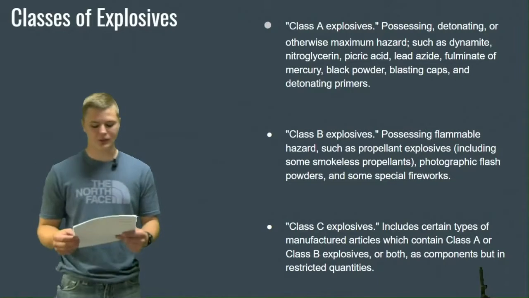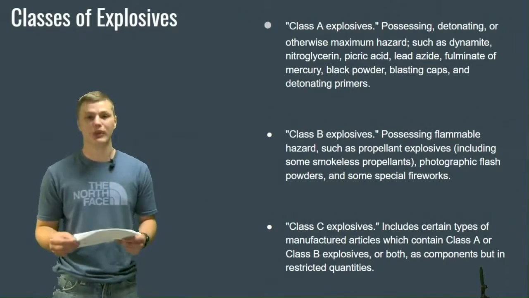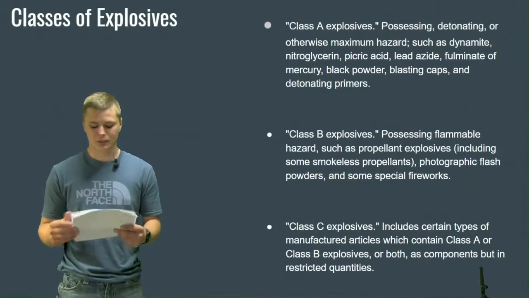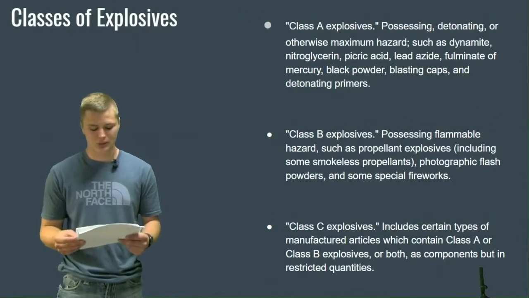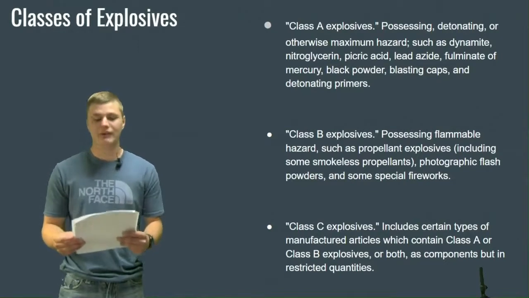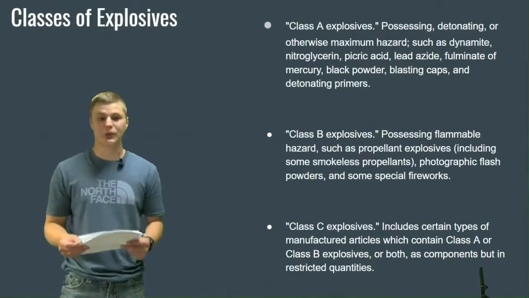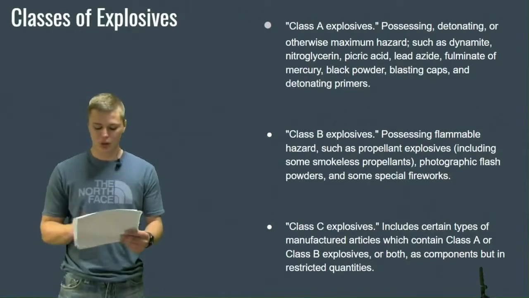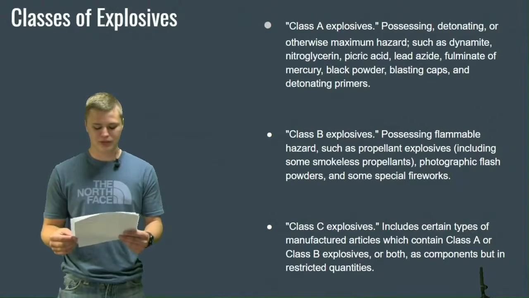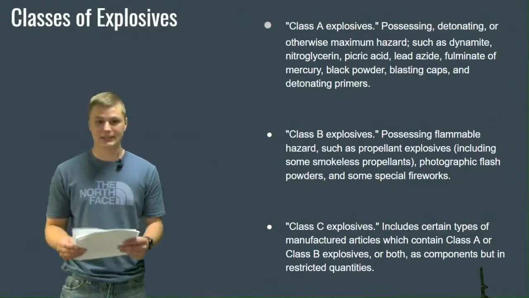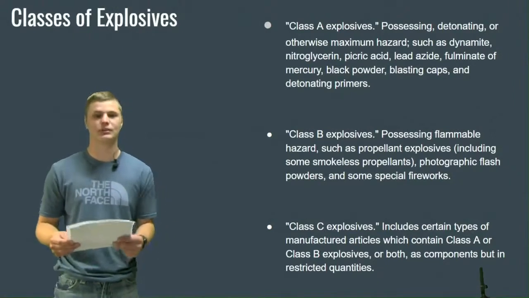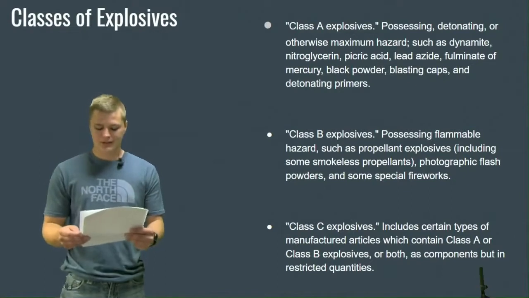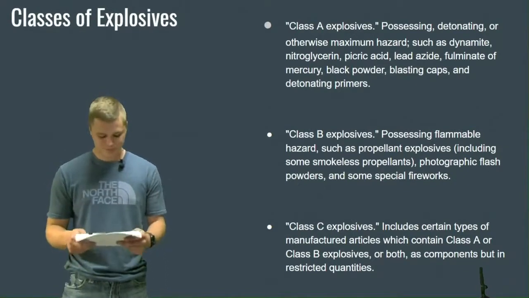Class B explosives possess flammable hazards, such as propellant explosives, including some smokeless propellants, photographic flash powders, and some special fireworks. Class C explosives include certain types of manufactured articles which contain Class A and Class B explosives, or both, as components but in restricted quantities.